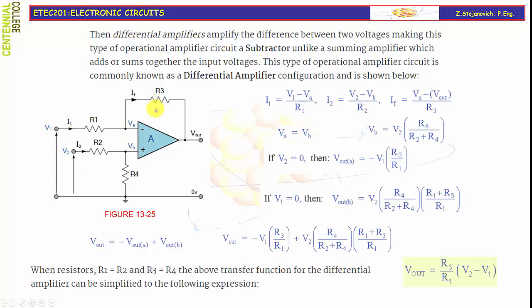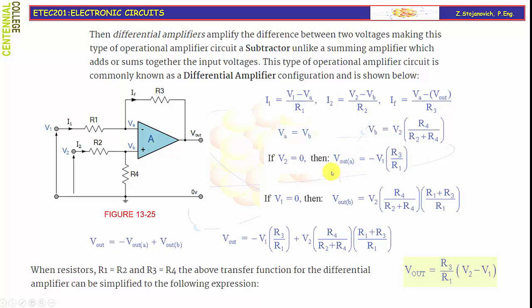The gain of the inverting amplifier is RF over RI, here in this case R3 over R1, so the output voltage that will exist when only V1 is acting in a circuit will be gain R3 over R1 times the input voltage V1. That will be the part, call it A, of the output voltage due to V1.